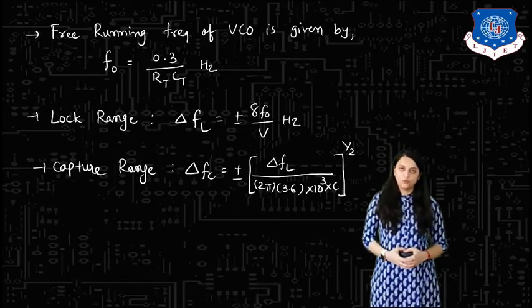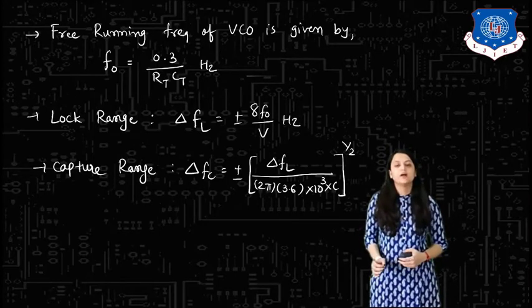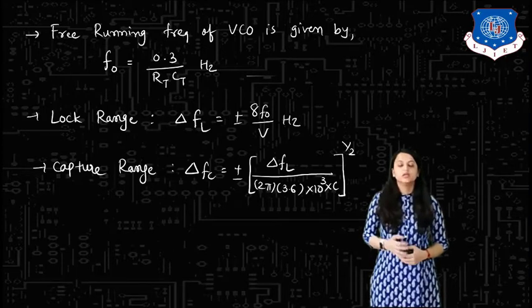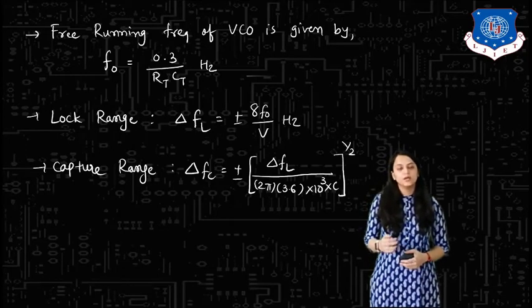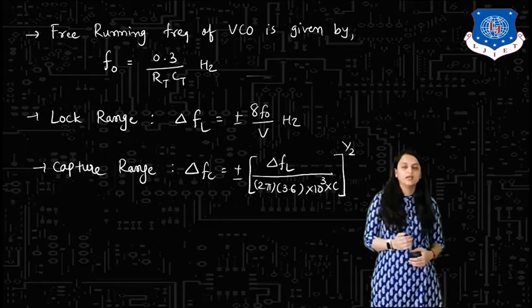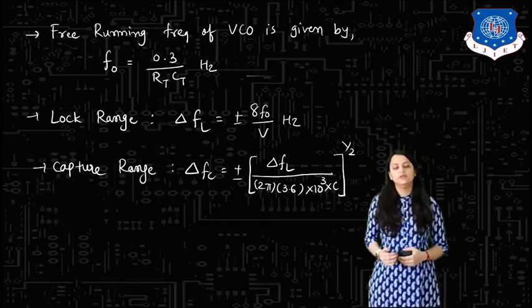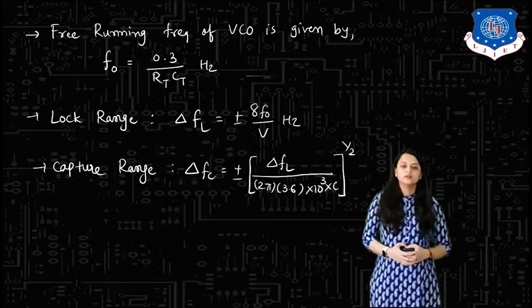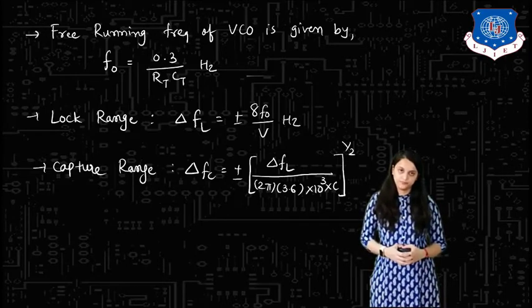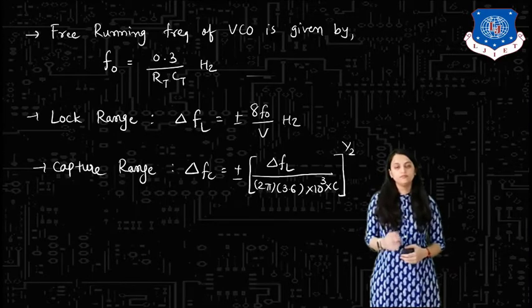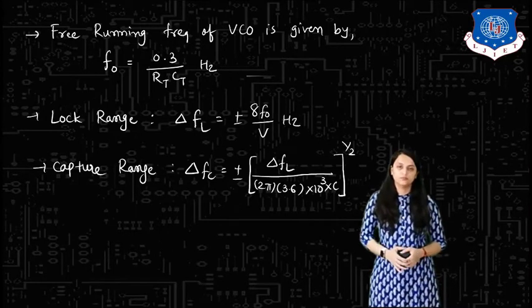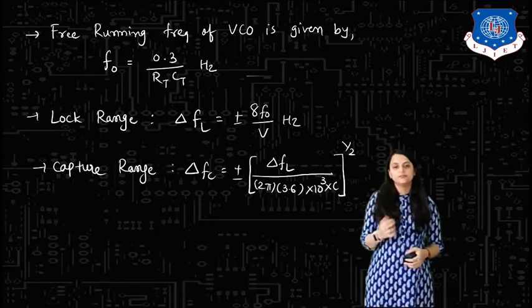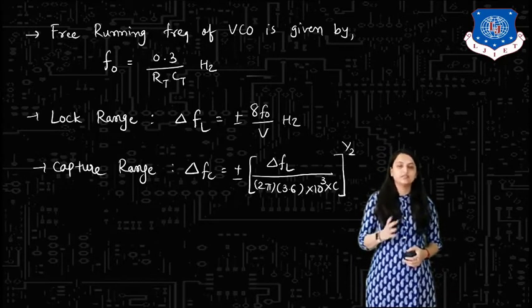That is given as FO equals 0.3 divided by RT CT Hertz. Then the lock range delta FL is plus or minus 8 FO divided by V Hertz, where FO is the output frequency, and the capture range delta FC is equal to plus or minus the square root of delta FL divided by 2 pi into 3.6 into 10 raised to 3 into the capacitance value.